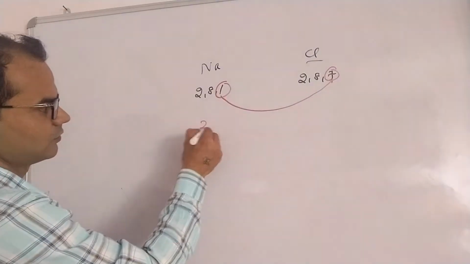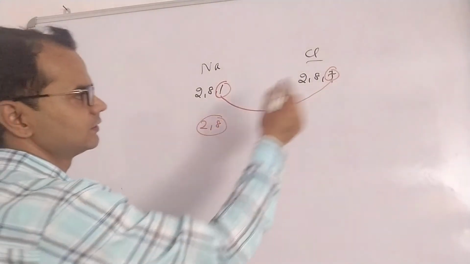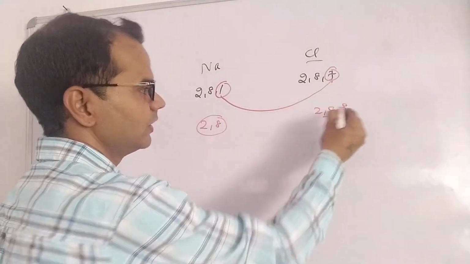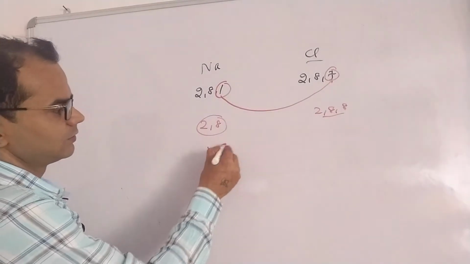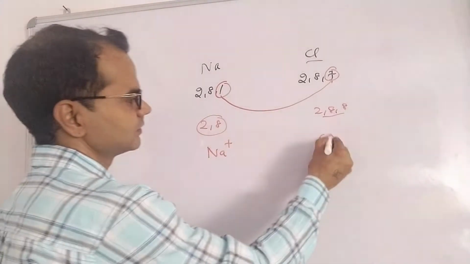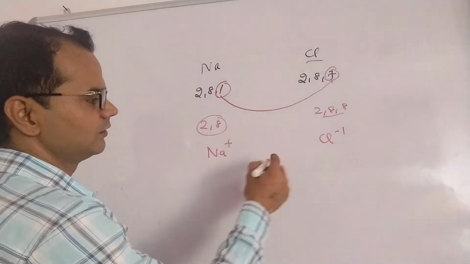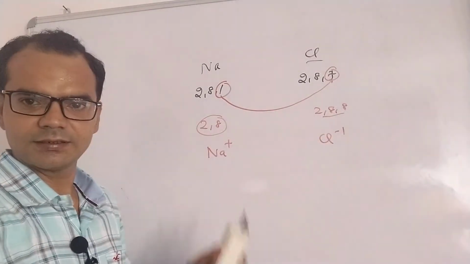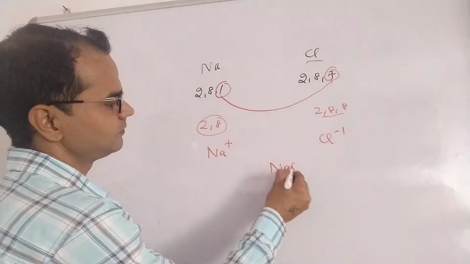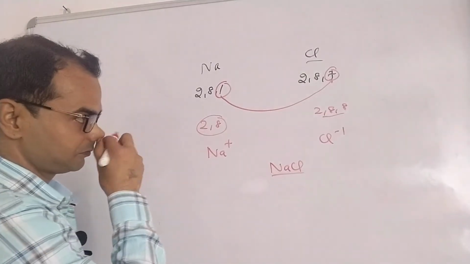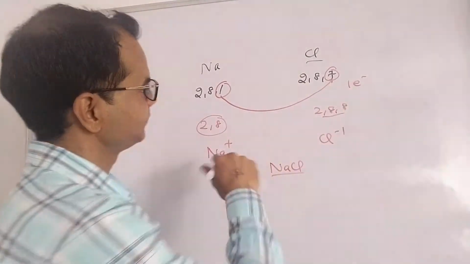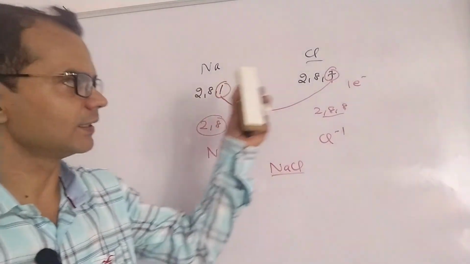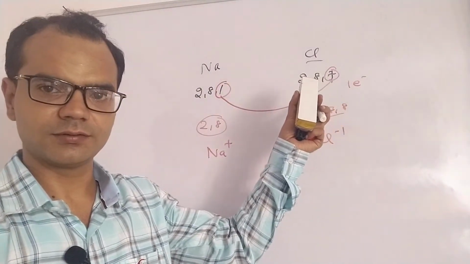As a result, stable configurations 2, 8 and 2, 8, 8 are achieved. Now it is a sodium cation and this is a chloride anion, so the positive and negative charges attract each other and combine to form NaCl. Here, one electron is lost by sodium and gained by chlorine.